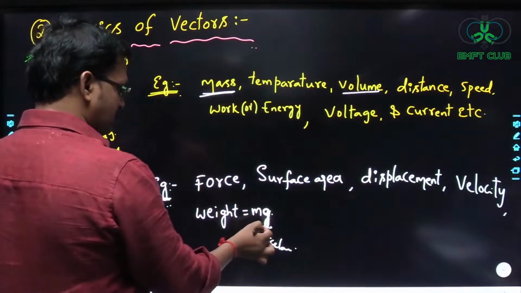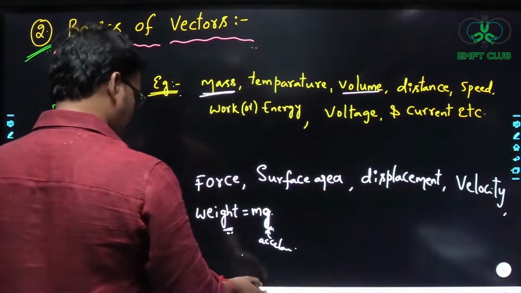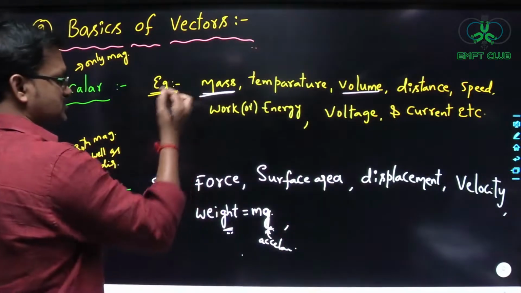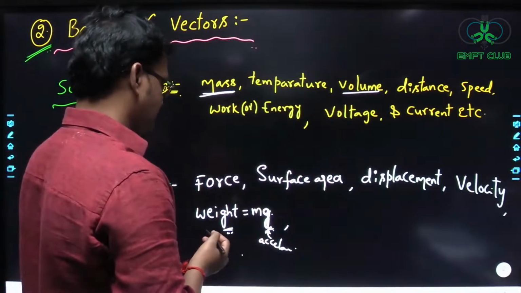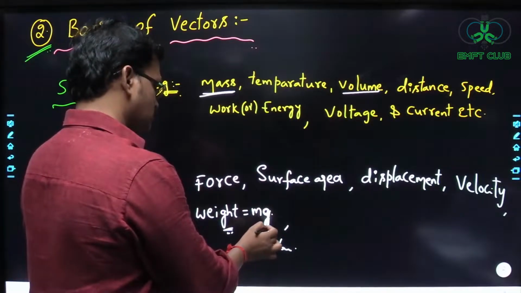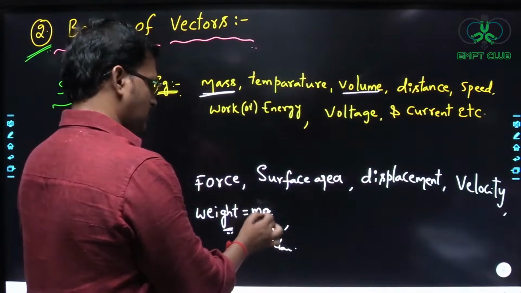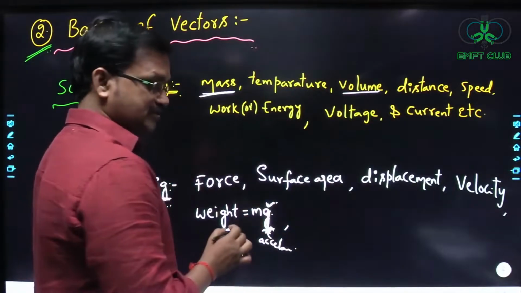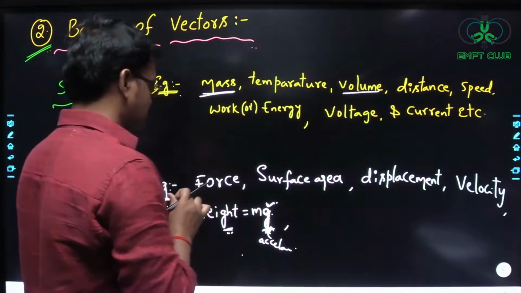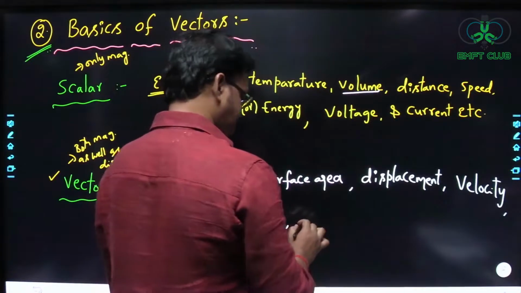If g is a vector quantity, then weight is also a vector quantity. So mass is a scalar quantity, whereas weight is a vector quantity. So force, surface area, displacement, velocity, weight, and then I can say electric field.